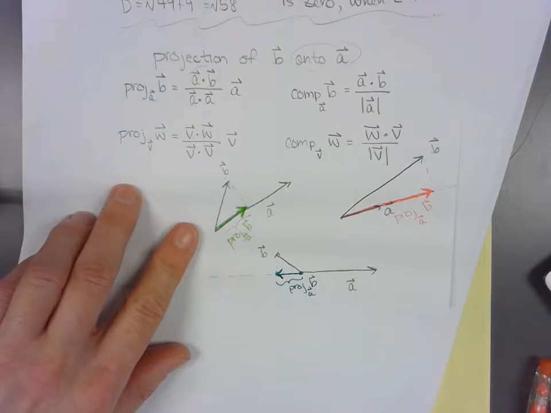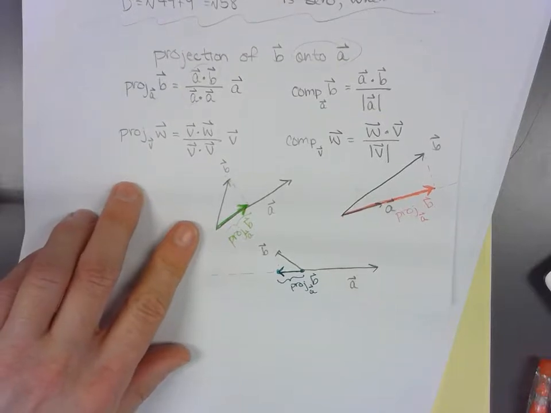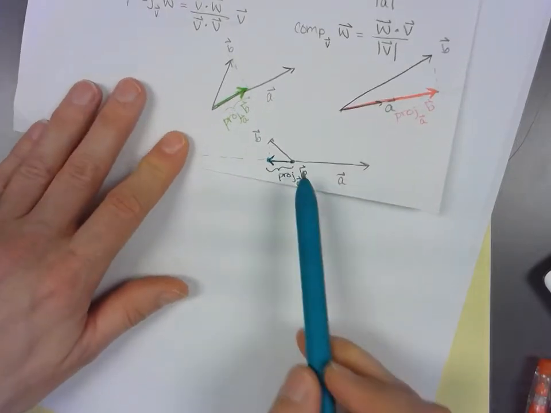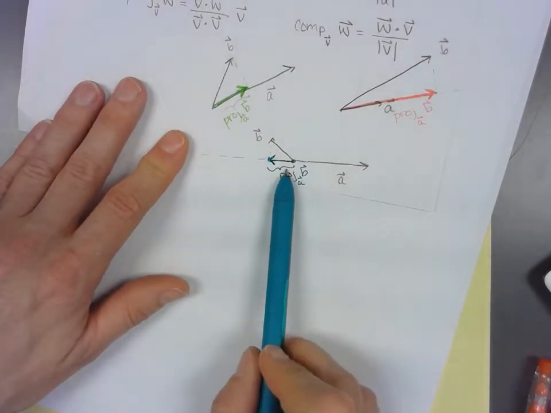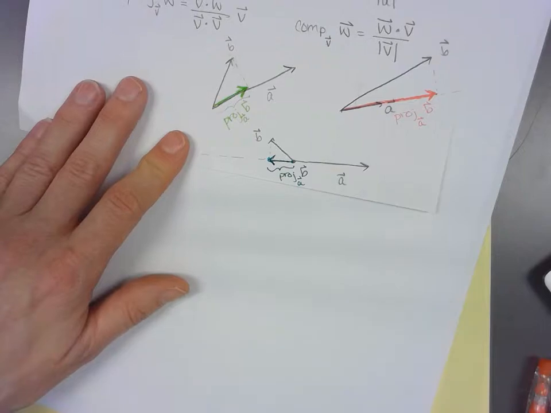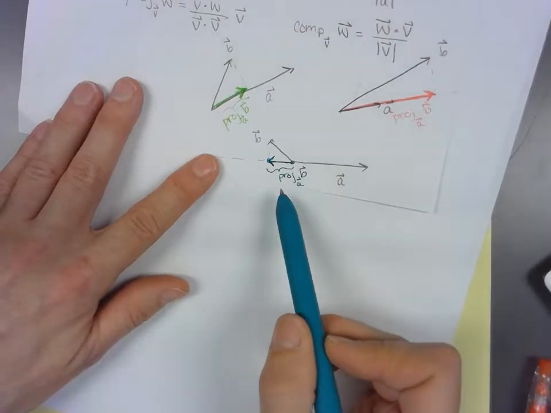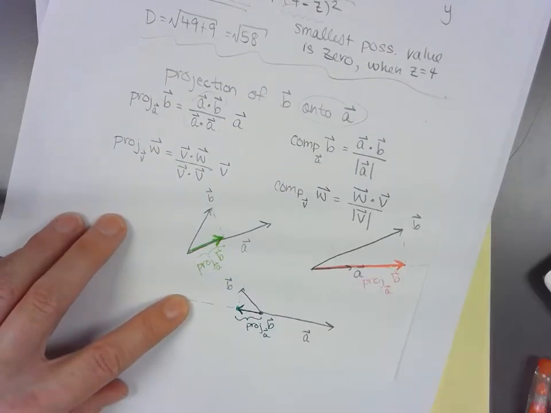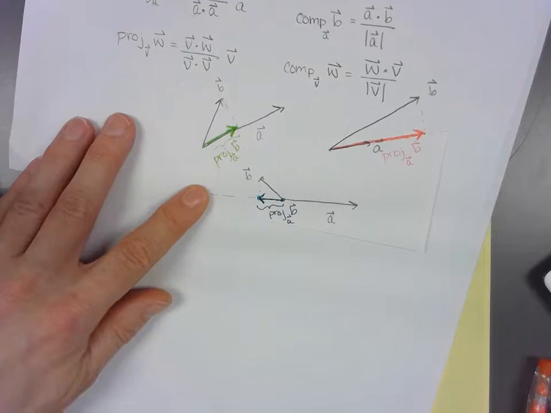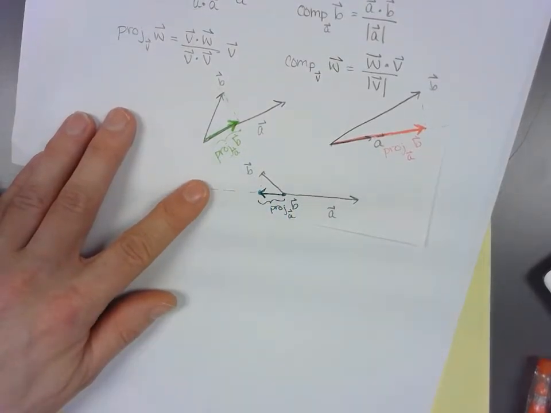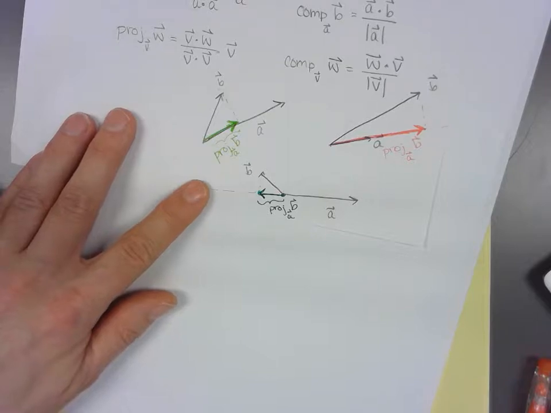Is this the length? Yes. But you might get a negative number, like in this picture right here, because the shadow goes in the opposite direction. Say you got -4 as the component. That means the length of the shadow is 4, and the negative means it goes in the opposite direction of A.